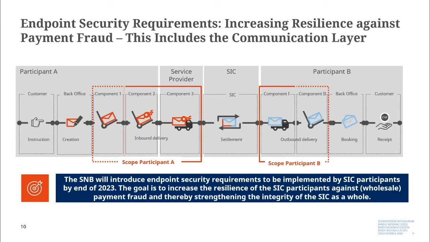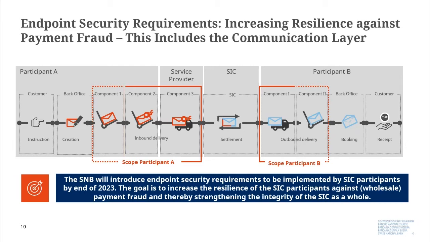And for us, it's important that the whole value chain is secure, which means that SSFN in a first step will be introduced for participant B. So that will be the direct communication. And it would also be introduced for the service provider to the RTGS. And in a second step, we will also have a requirement that participant A, when it communicates with the service provider, will also have to improve its communication infrastructure and move towards SSFN.